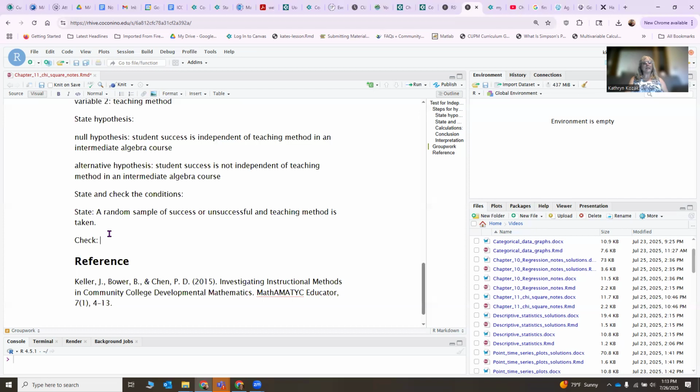So it's not really a random sample because the students picked which method they wanted to take, because you really can't force them to take a certain method if they don't want to. But it probably is not a big deal because it still probably is representative, but there might be some issues with the random sample.